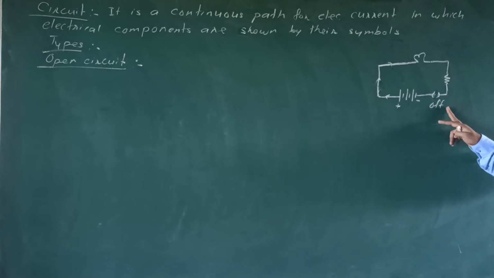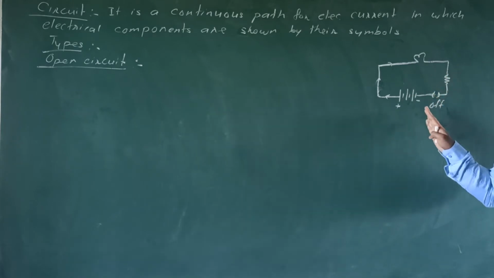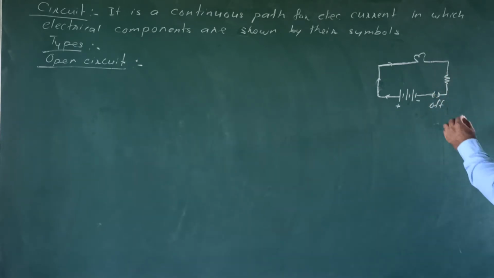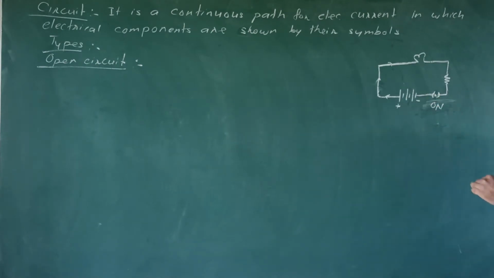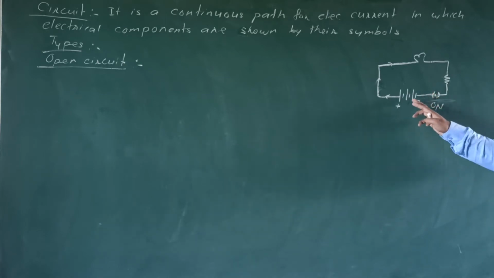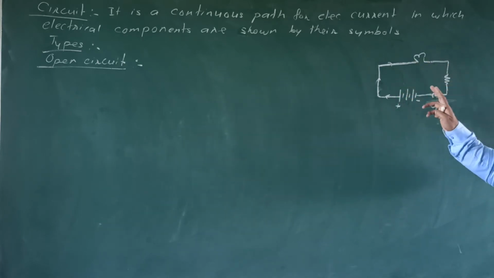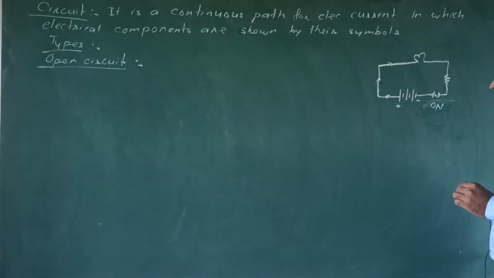When the switch is on, the circuit will be a closed circuit. Current can flow in a closed circuit and will not flow in an open circuit.